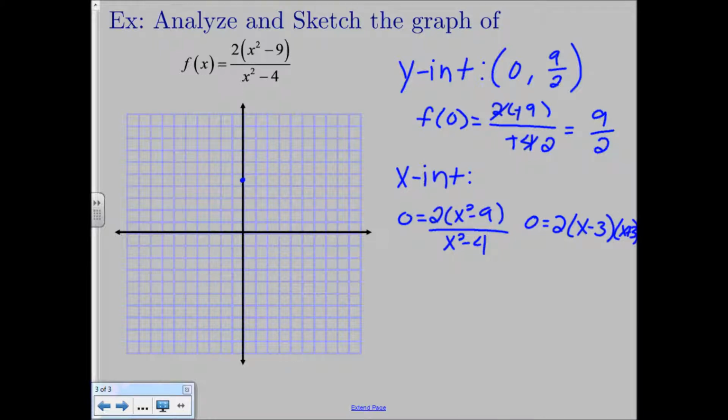So that means that if we plug in x equaling 3 and x equaling negative 3, we'd get a 0 back. So we know that we're going to have x-intercepts at negative 3 comma 0 and 3 comma 0. So now we have two more points that we can put onto our graph. So we'll put those on.